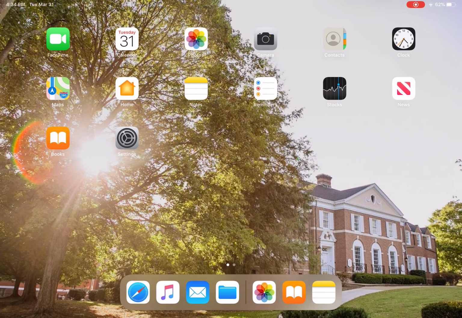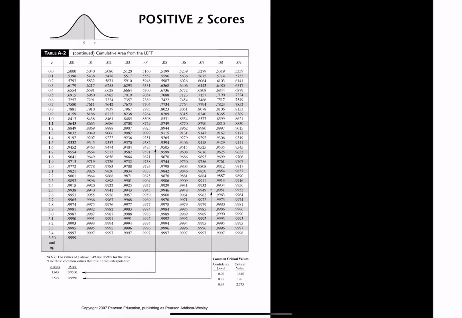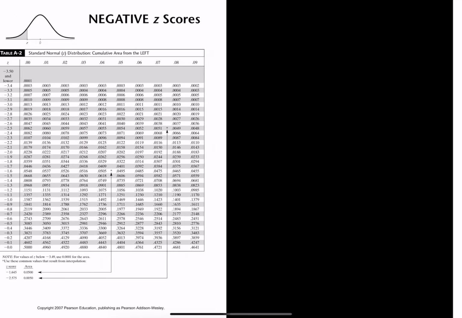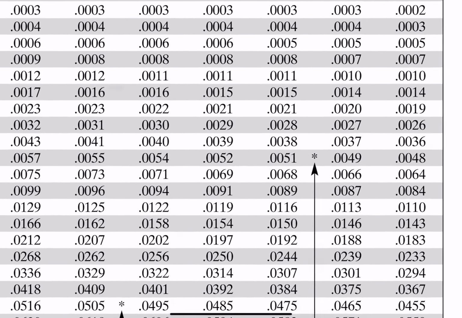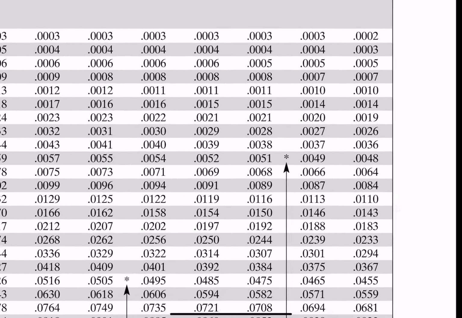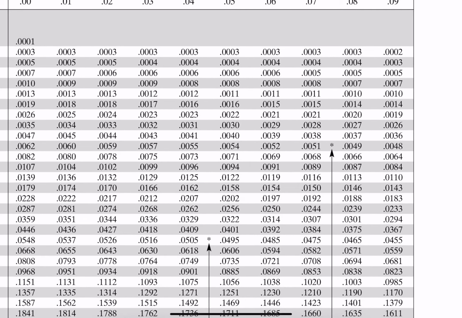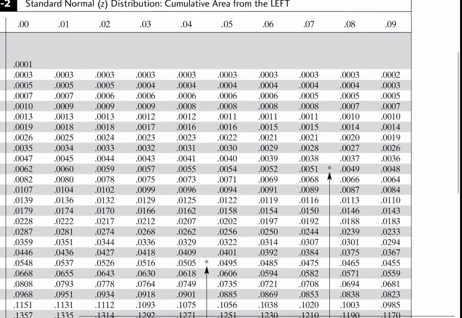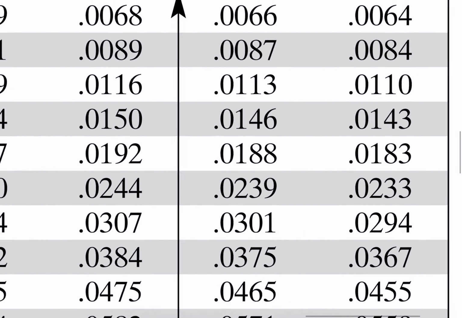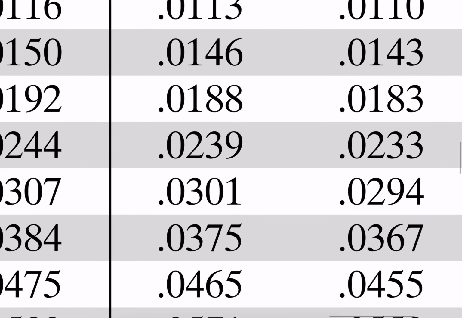So here I go to my z distribution table. What's the number closest to 0.03? Not 0.003, but something close to 0.03. If you scroll along, this is the closest number to 0.03.